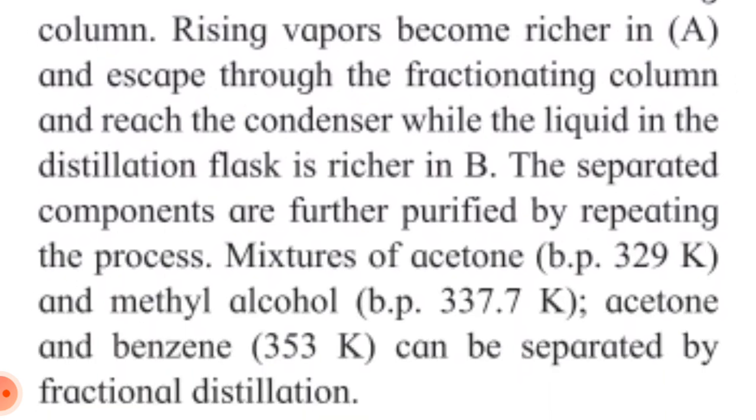Rising vapors become richer in A and escape through the fractionating column and reach the condenser, while the liquid in the distillation flask is richer in B. The separated components are further purified by repeating the process.